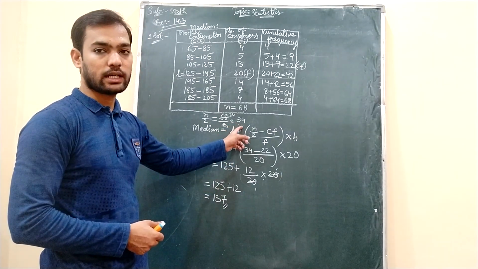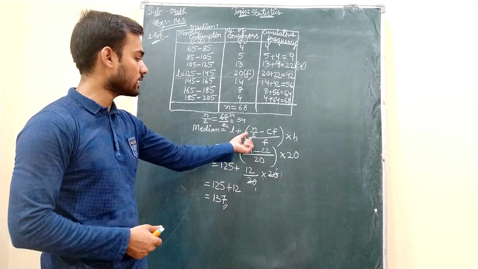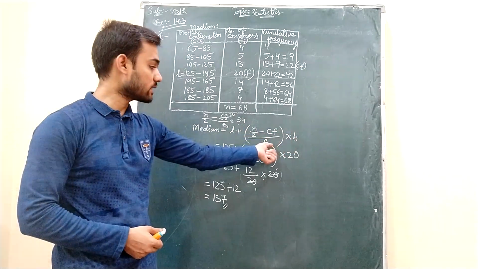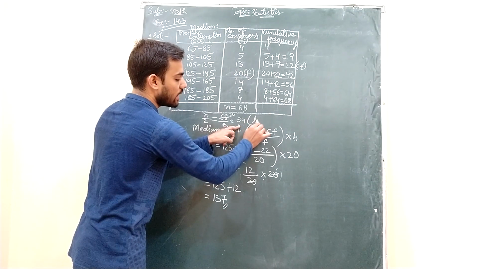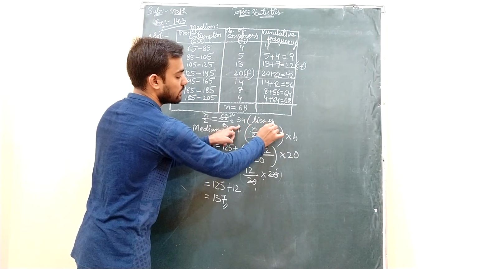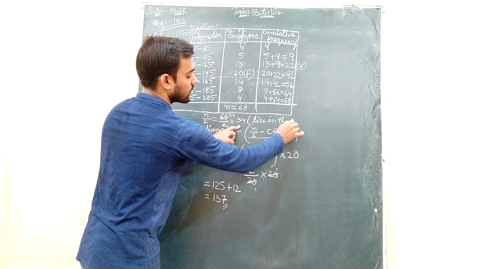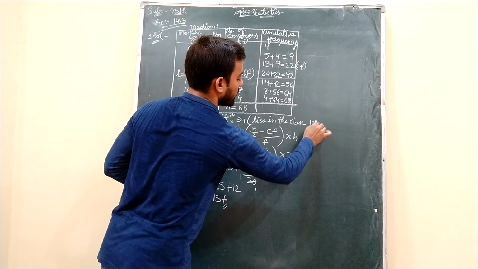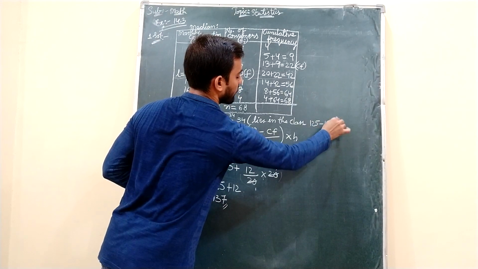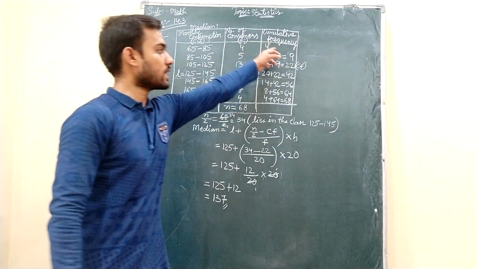Here I will do one thing. I will write down this 34, how we got this L value, H value, and this F and CF, because you will have confusion. So I will write this 34, where does this lie? It lies in the class 125 to 145. As I said, this 34 we will check over here.